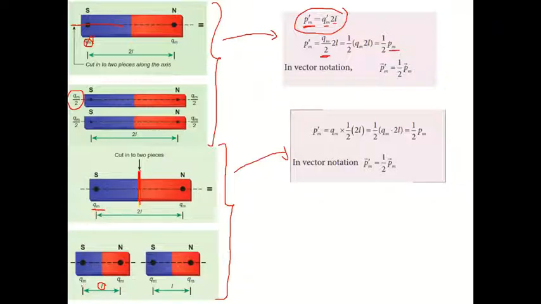It will be the same Qm. So instead of 2L, substitute half into 2L. Take the half outside. Now you will get half of the initial dipole moment.